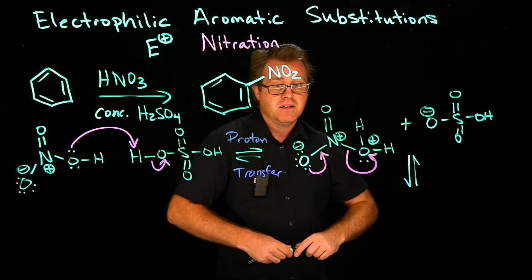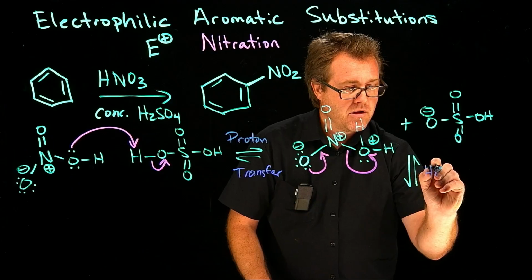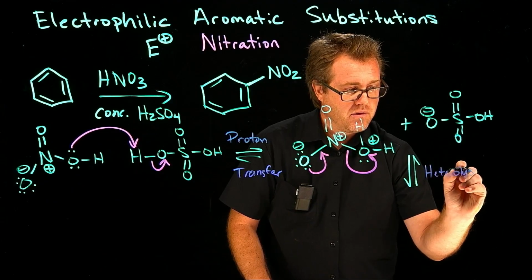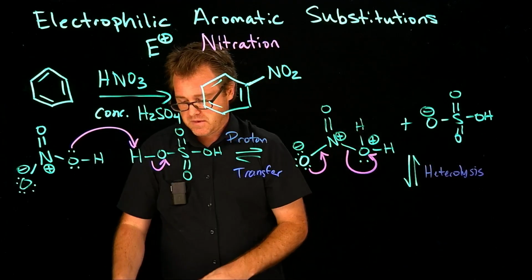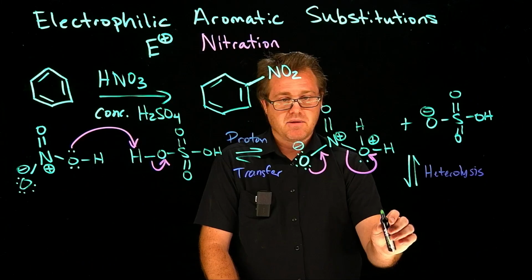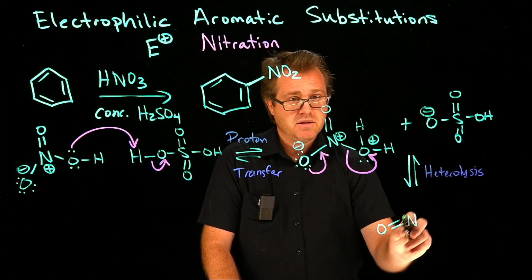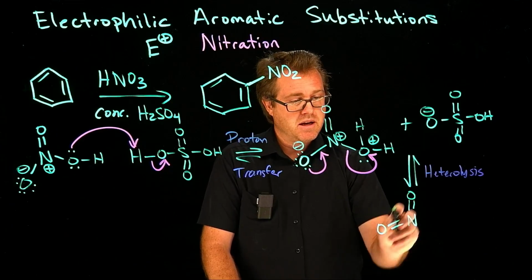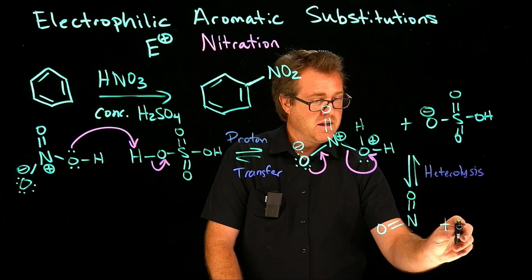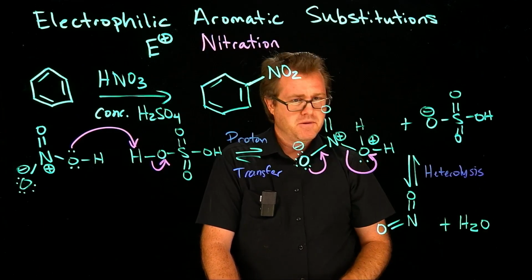So this would be our heterolysis step. And that's going to give us this species: an oxygen, double bonded to nitrogen, double bonded to oxygen, plus water has fallen off right there.